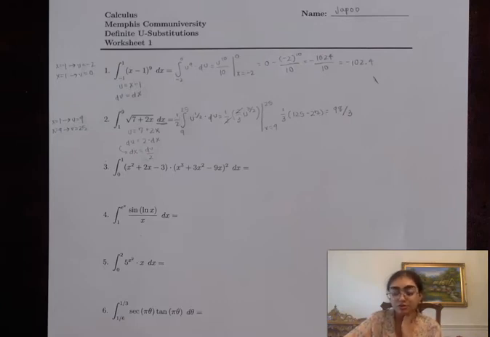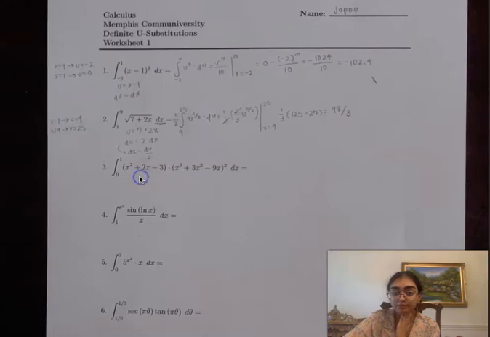And if we took a 3 out of that, we would get 3 times, in parentheses, x squared plus 2x minus 3. That's this value right here. So the derivative of this part of the function is already in the problem. And that's going to mean that this part of the function right here is going to be our u.